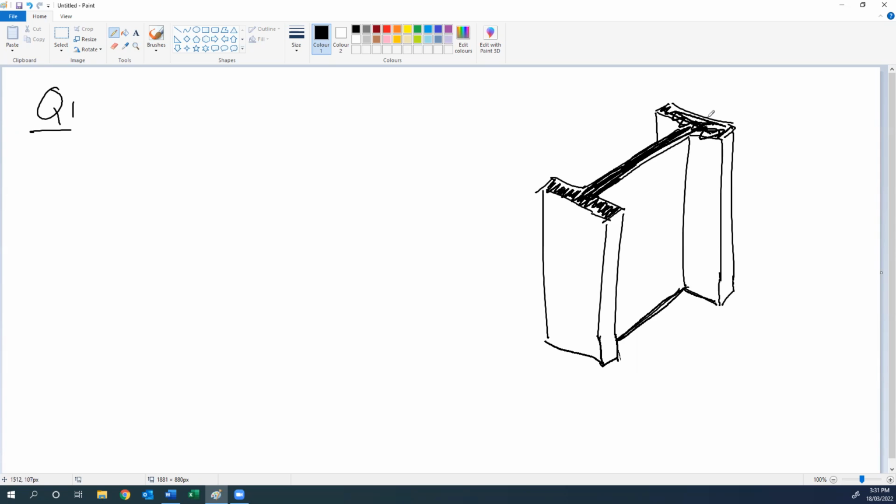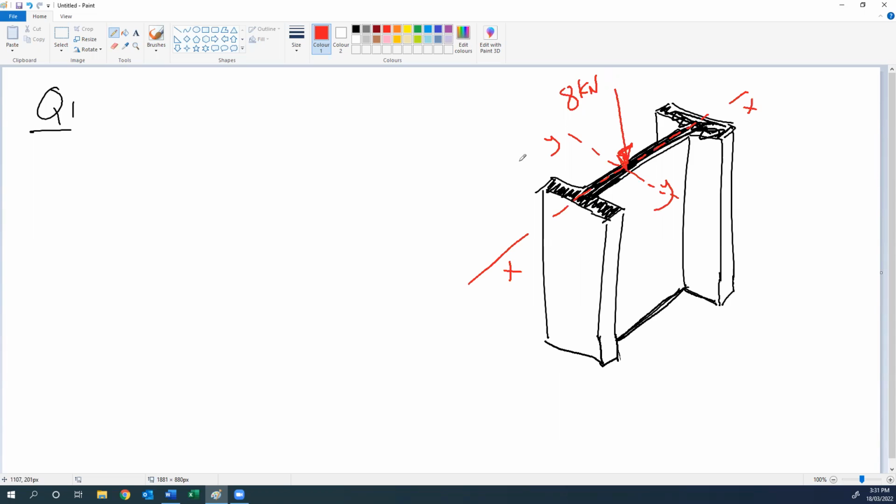And we have an applied load of 8 kilonewton applied here somewhere at the centroid. And given the dimension of the section, I will draw here as well. This is the y-axis and this is the x-axis of the section.